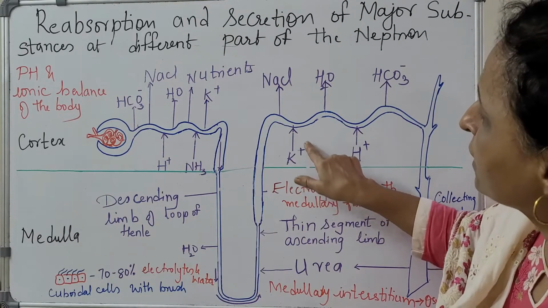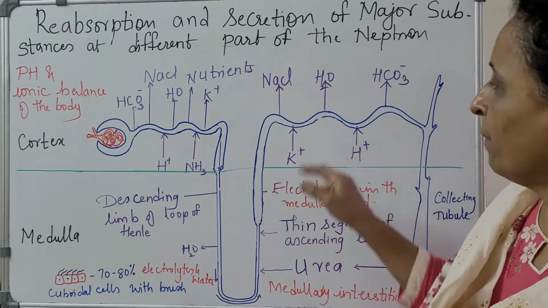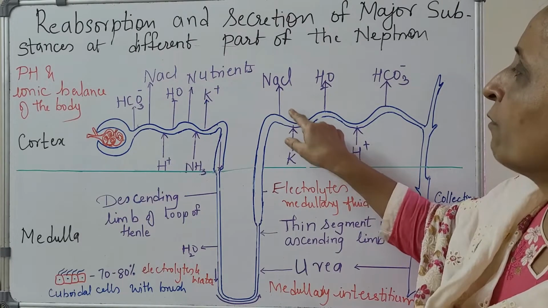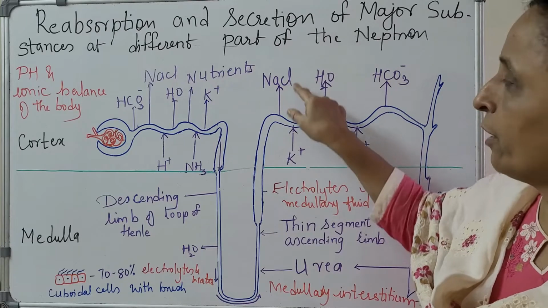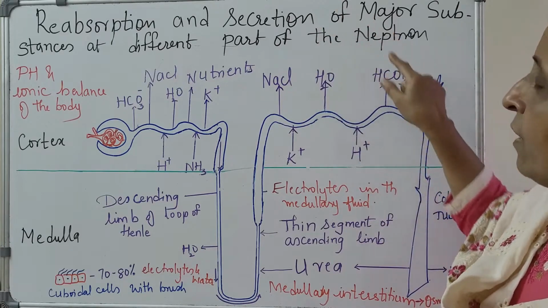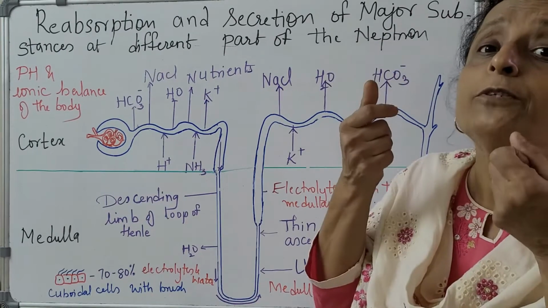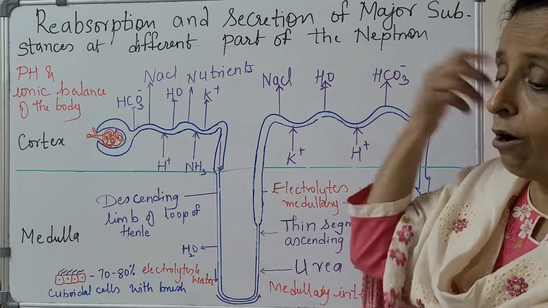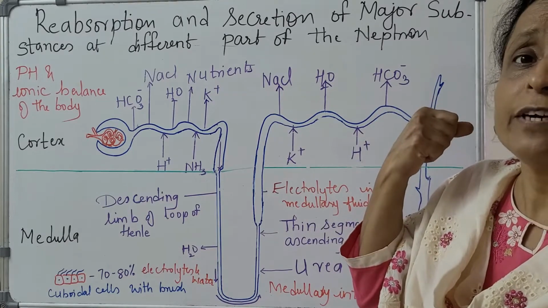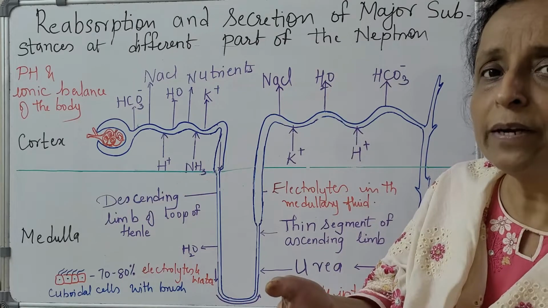Now here secretion takes place because they have to maintain the ionic balance. And what will come out? Salt, sodium chloride will come out, water will come out, bicarbonate will come out. That is absorption of salt, nutrient, bicarbonate, all this will take place, because in this tubule there will be waste material.